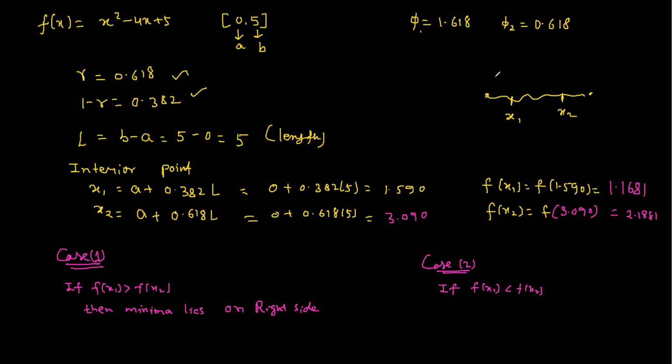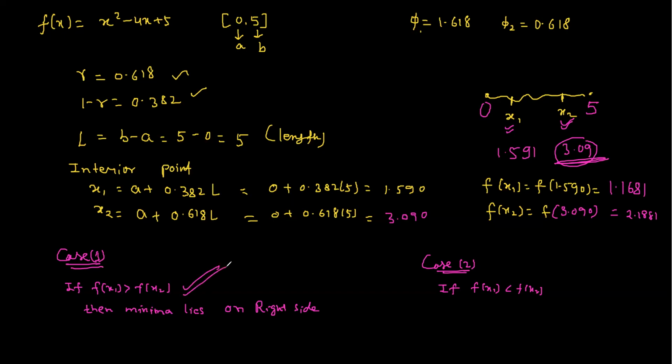Because x2 is always on the right side and x1 is on the left side. You can see here, this is 0, this is 5, and this is 1.59. Let's suppose 1.59, and this is 3.09. Which one is greater? This is greater, and it is on the right side. That's why the minima lies on the right side.